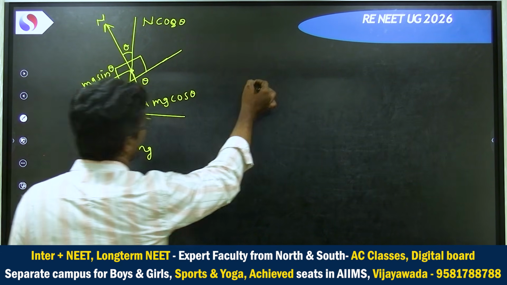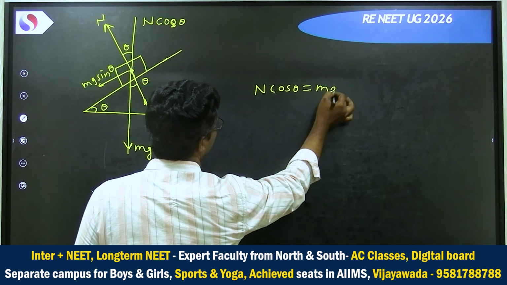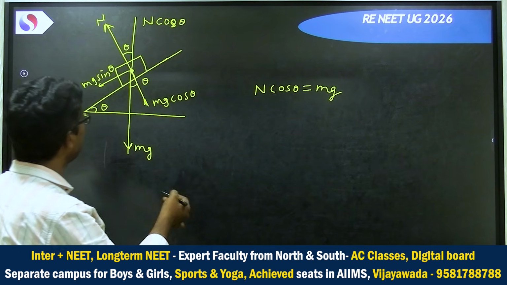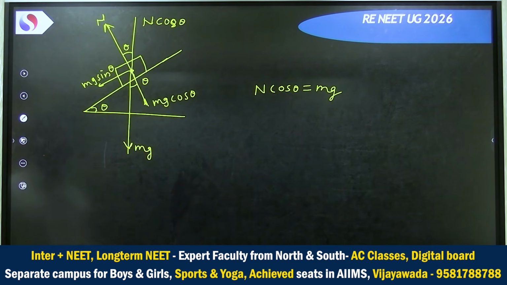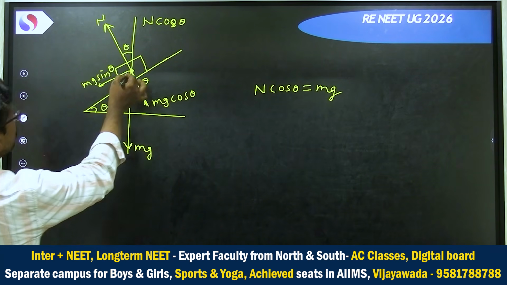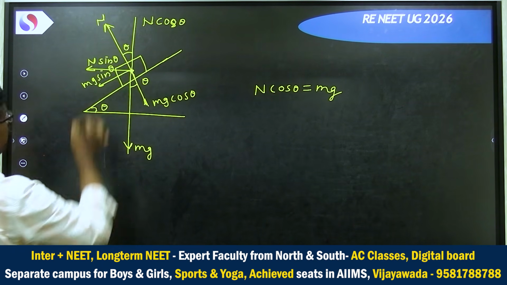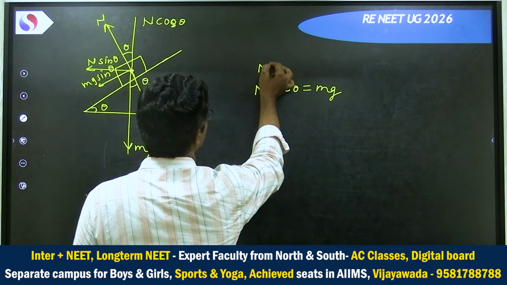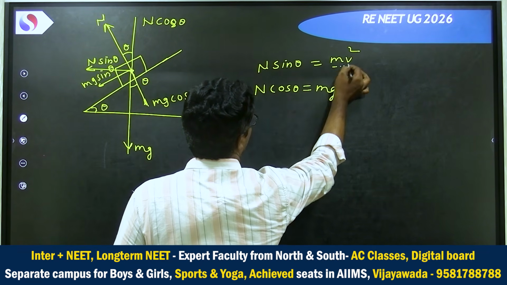So N cos theta is equal to mg. N sin theta balances the centripetal force, so N sin theta is equal to mv square by r.